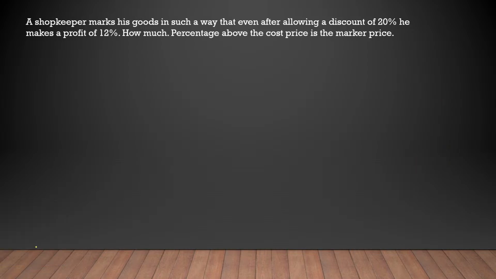Okay, now see. Let's check the problem once. A shopkeeper marks his goods in such a way that even after allowing a discount of 20%, he makes a profit of 12%. Now listen, guys, just because I am giving a discount doesn't mean that I am not going to get the profit. See here, in the previous example we have taken CP as 100, so I want to sell it for 120.